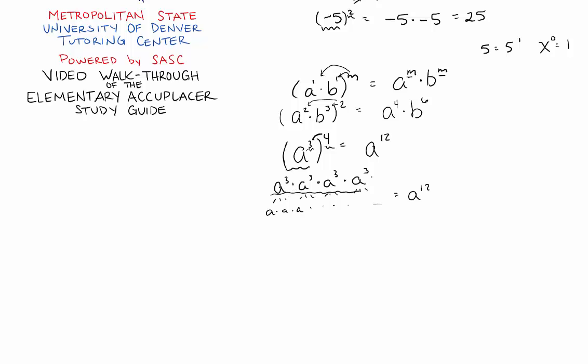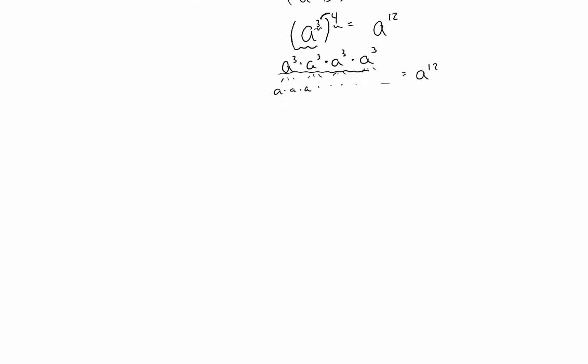Well, there's another rule that says that if I have a to the third, and I multiply it by a to the, let's say, 2nd power, if I'm multiplying two things with the same base, a times a, with different exponents, I add the exponents together, so a to the 5th power.